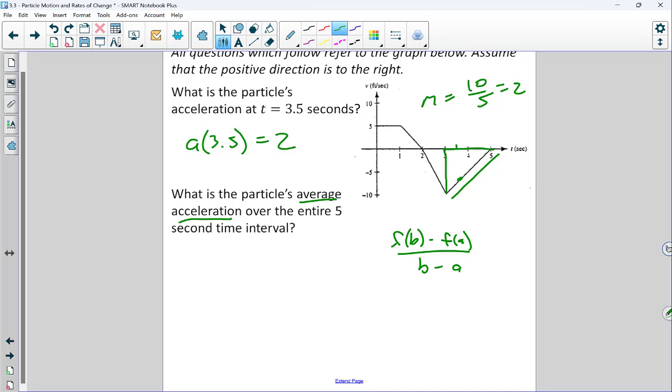So I would do average acceleration by doing the change in velocity over the 5-second interval. So v of 5 is 0 minus v of 0 is 5, over 5 minus 0. That would be -5 over 5, or -1.